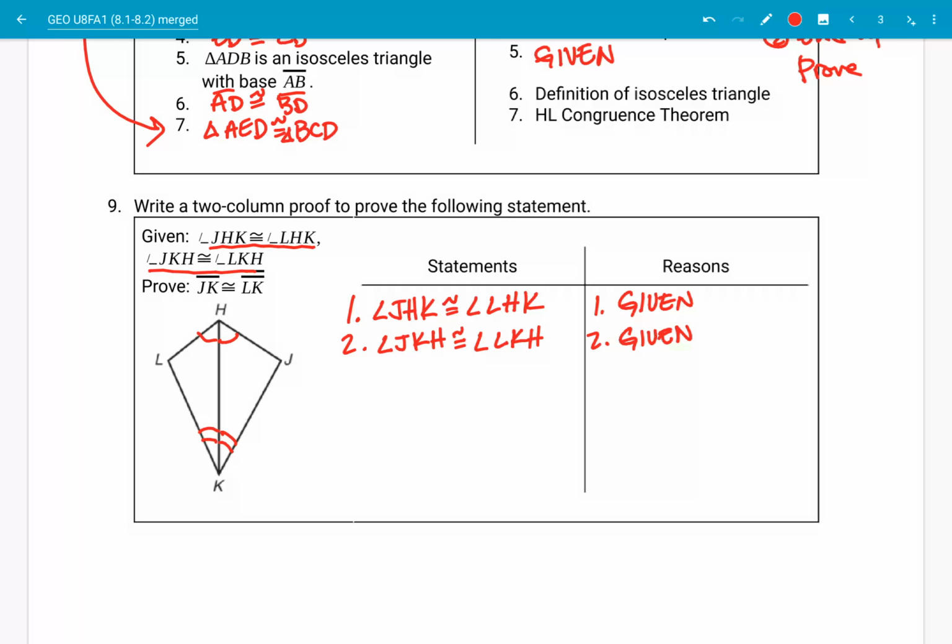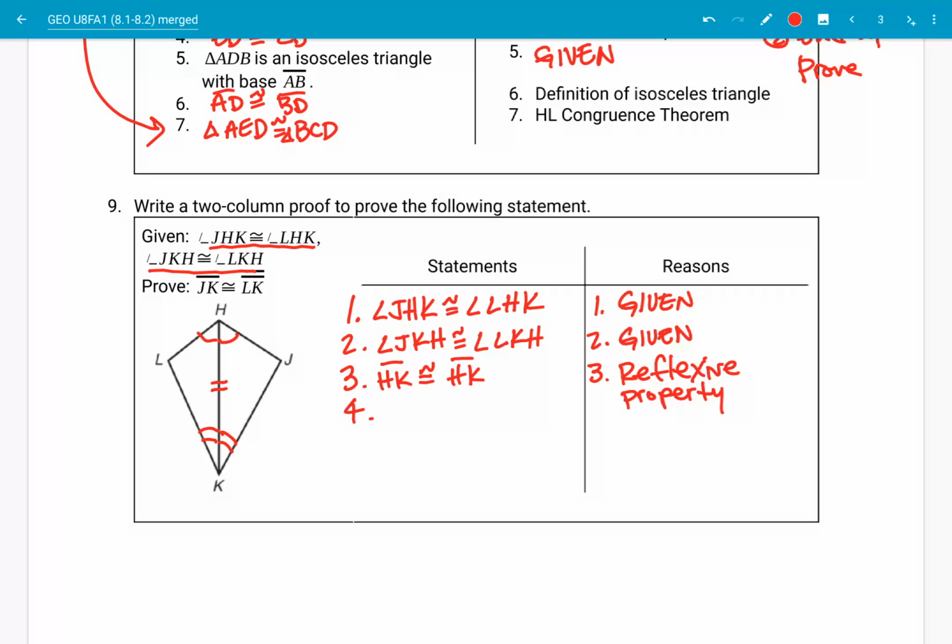So, looking at the diagram, I see that these two triangles have a shared side, which means that HK is congruent to itself, to HK, and the reason for that is the reflexive property, because sides and angles are always congruent to themselves.